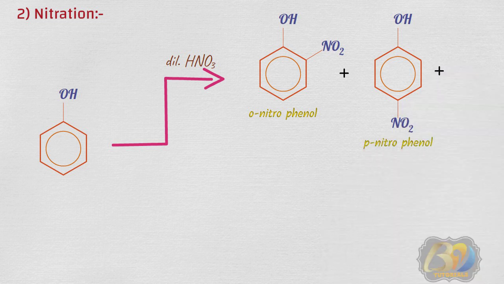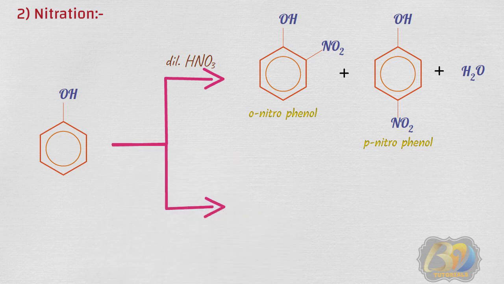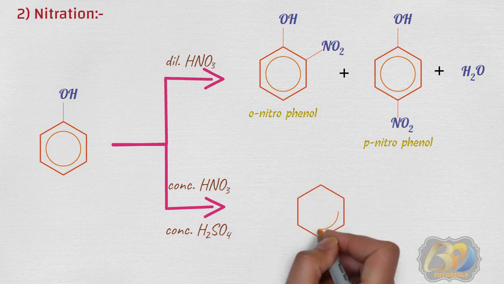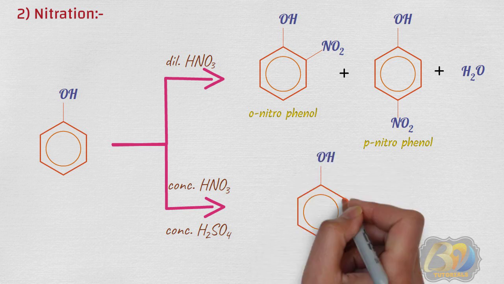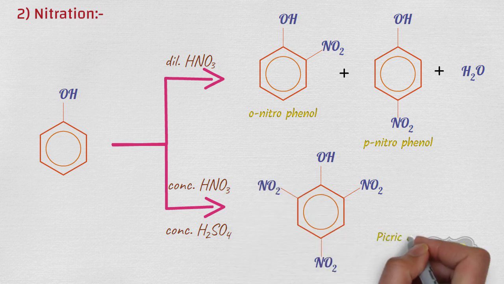In the second way, phenol reacts with nitrating mixture, that is the mixture of concentrated nitric acid and concentrated H2SO4, to form picric acid, that is trinitrophenol.